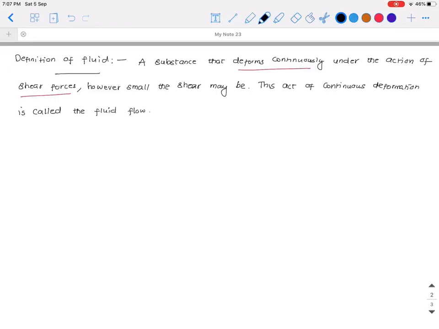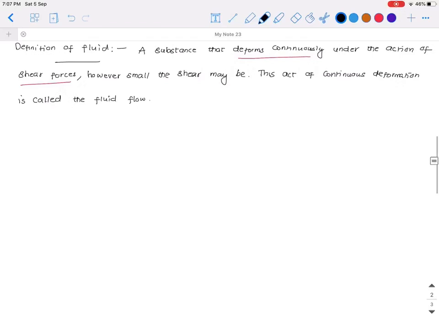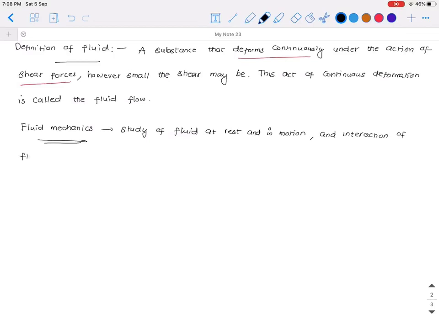Okay, so in fluid mechanics, what are we going to learn? In fluid mechanics, we are going to study fluids at rest, okay, and in motion, and importantly, interaction of fluid with the solid bodies.